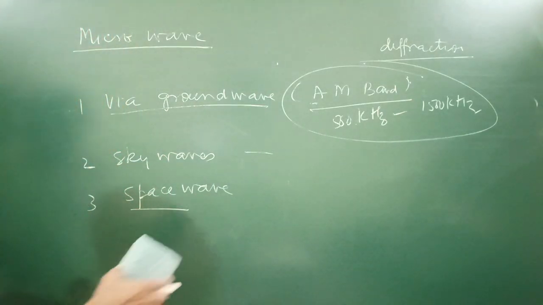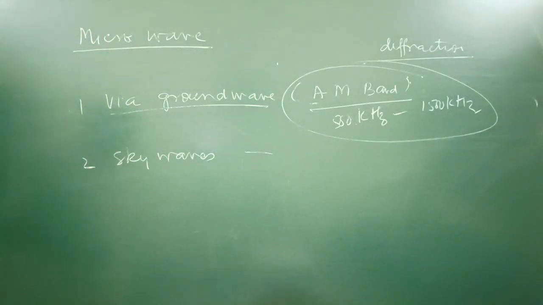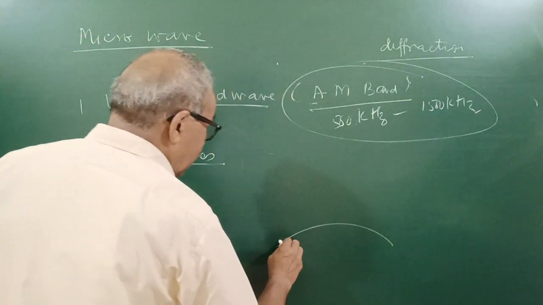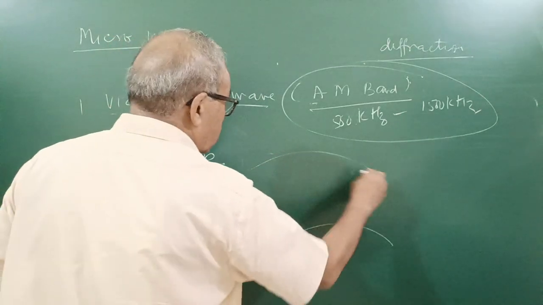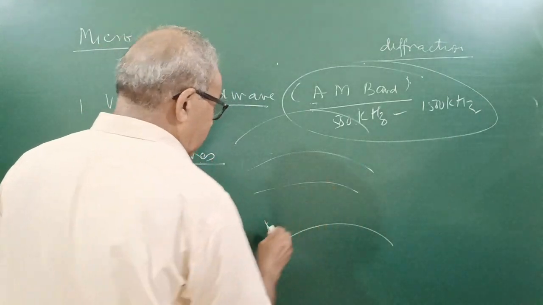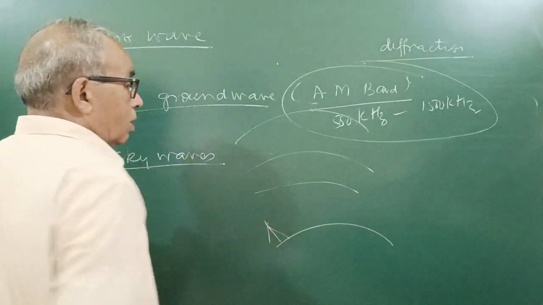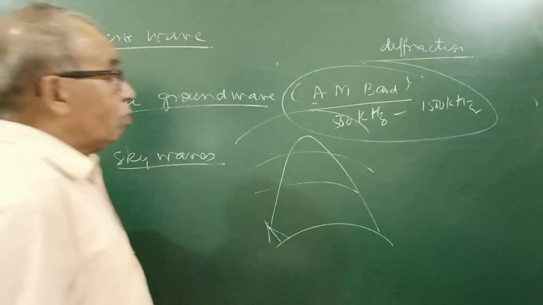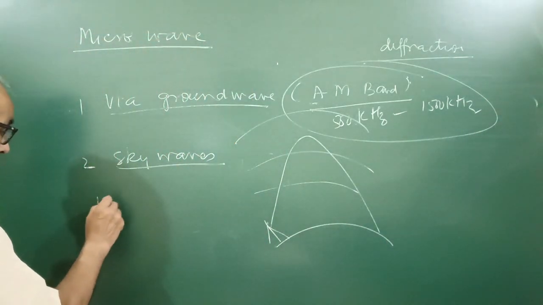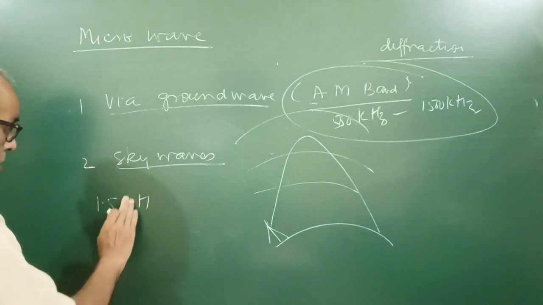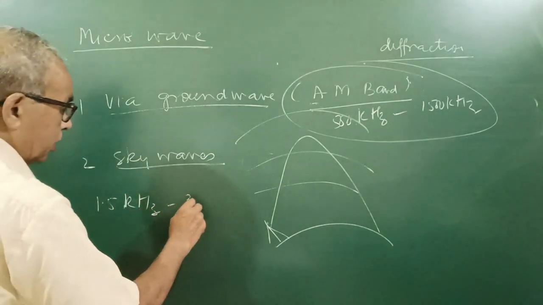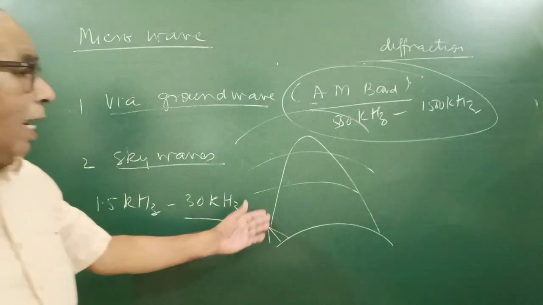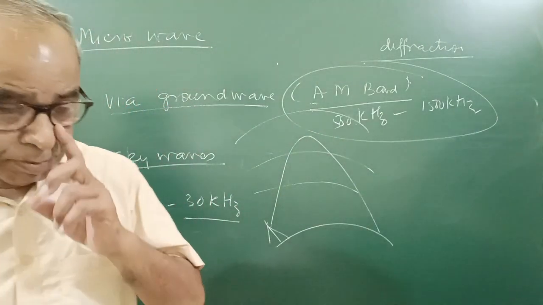So we need long distance communication. For that we use sky wave. We send the wave toward the sky from the antenna. As we go inside the atmosphere, it becomes rarer and rarer, and due to total reflection the wave comes back. So frequency in the range of 1.5 kilohertz to 30 kilohertz can be used, because above this frequency the ionosphere does not reflect them back.